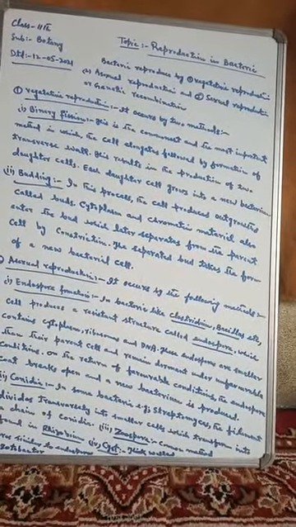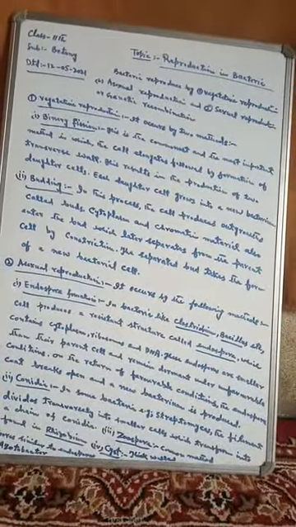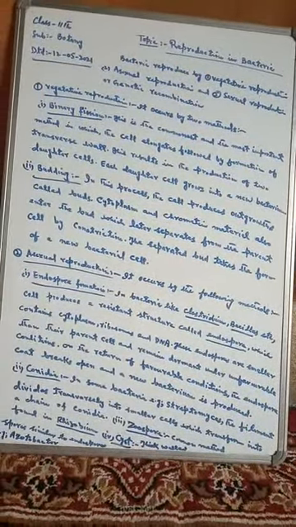The separated bud takes the form of a new bacterial cell. In this way, a new bacterium is formed. So this was the vegetative mode of reproduction in bacteria.